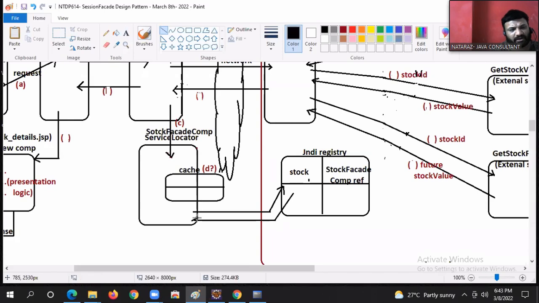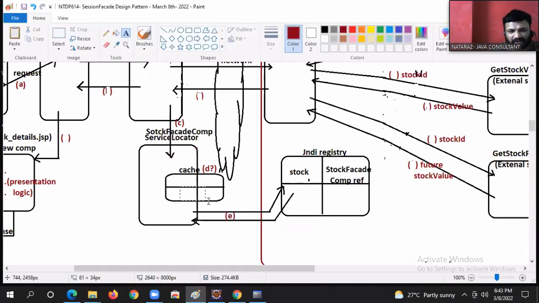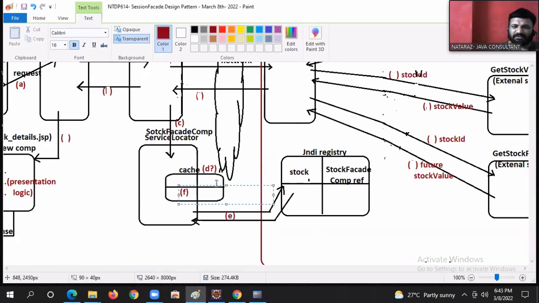Yes, here we are talking to the JNDI registry, guys. It gets the external component reference by talking to the JNDI registry. E was that. It will place that one in the cache.